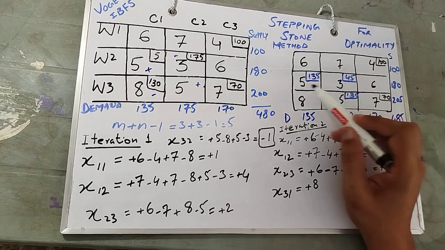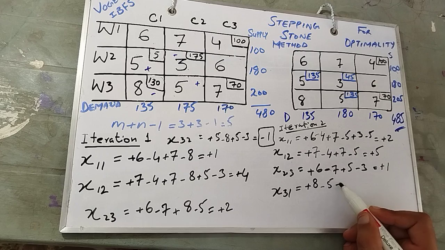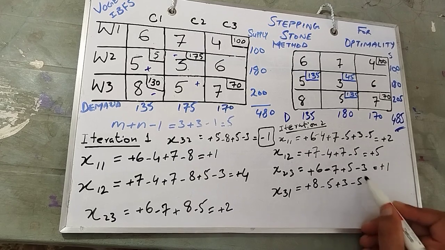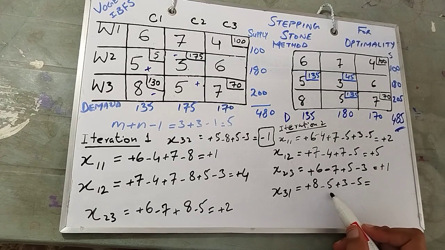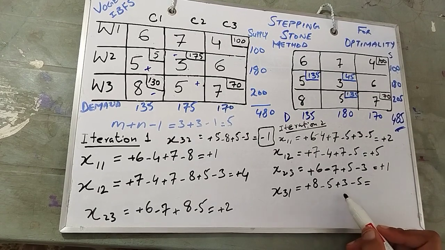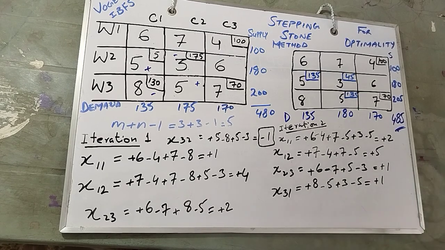So 8, 5, 3, 5. Plus 8, minus 5, plus 3, minus 5. Plus 8 minus 5 is plus 3, plus 3 is plus 6, plus 6 minus 5 is plus 1. So we are done with all the remaining, and we found positive answers.